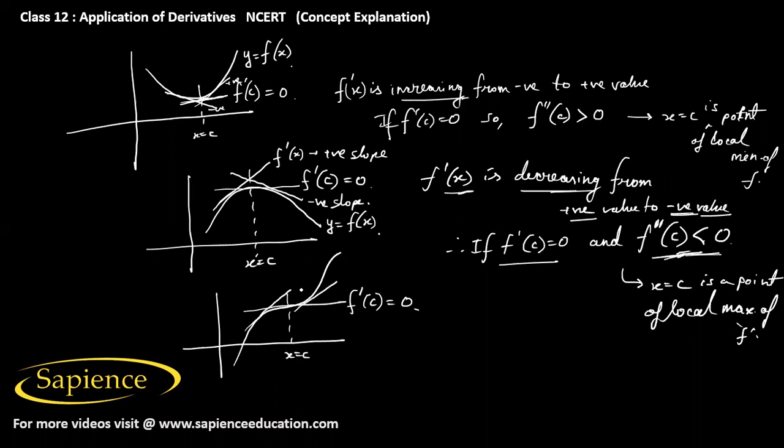So if f double dash c is equal to 0, it can happen only if there is a point of inflection. It means that the slope is not changing.